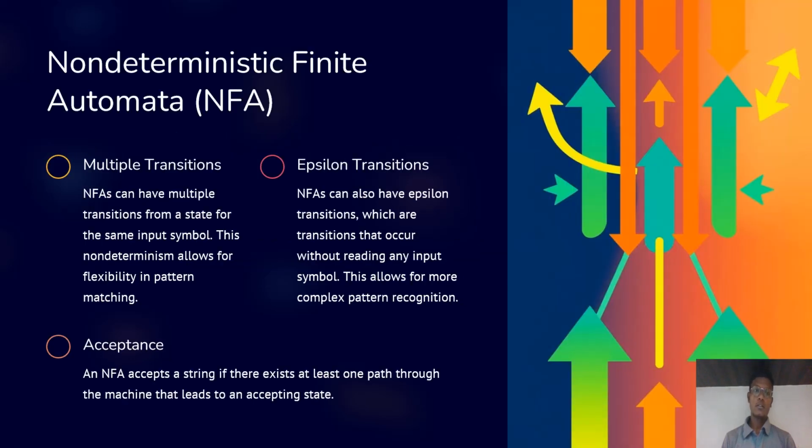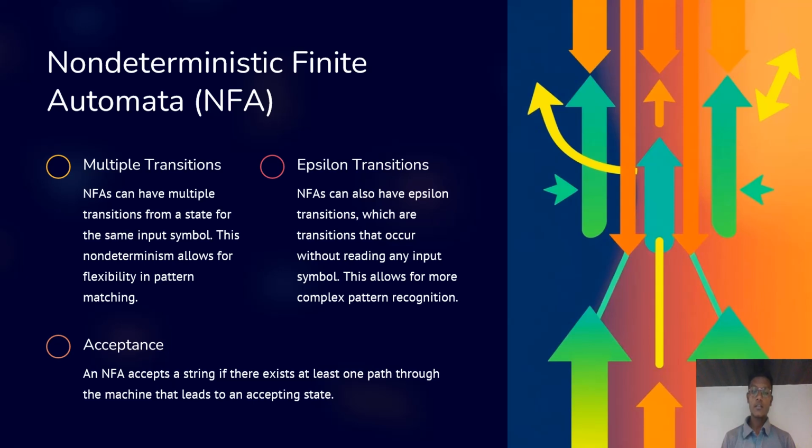Next one is non-deterministic finite automata, meaning NFA. Multiple transitions. An NFA can have multiple transitions from a state for the same input. This non-determinism allows for flexibility in pattern matching. Next one is epsilon transition.